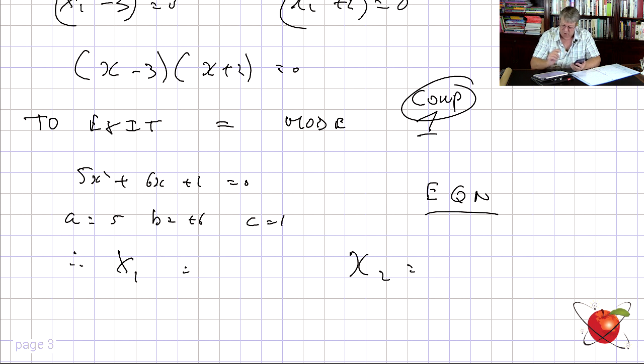Then we choose option 3, which gives us the A, B, and C. So we put 5 equals, 6 equals, and 1 equals. Then we press equals again, and we get x1 equals minus 1 over 5. Press equals again, and you get x2 equals minus 1. All right? There are the answers for those.